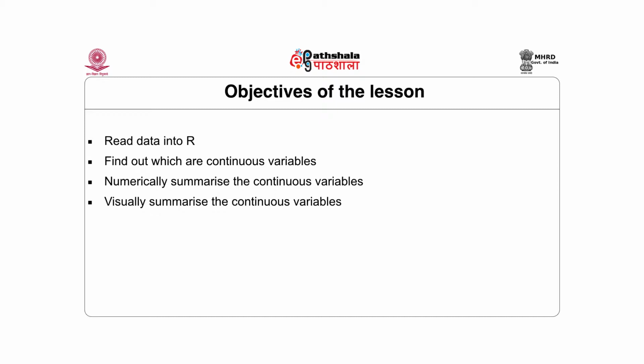Then we would attempt to show you some numerical summary that R will give you if you ask for it, and also some of the strategies that you can use to have a visual summary of the distribution of that particular variable in R. Those are the things that we are quite interested to show you here. So let's do the first thing, that is read a data set, and then identify which variables are continuous variables.